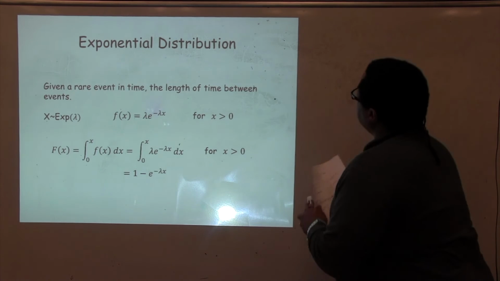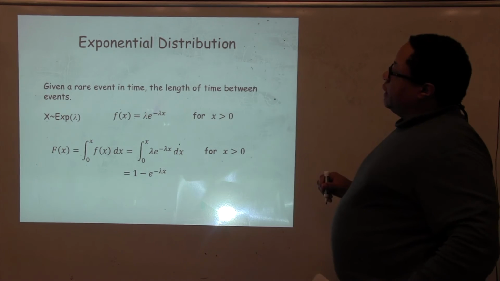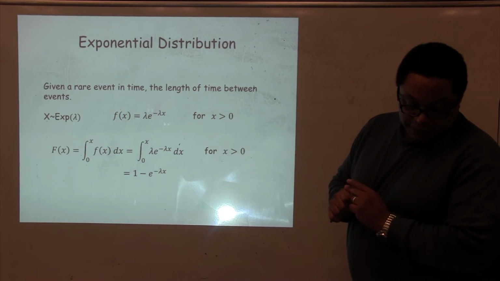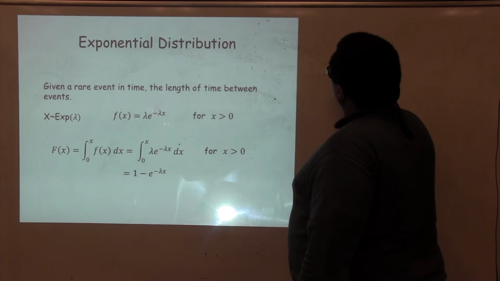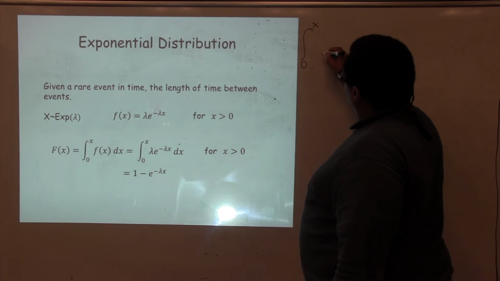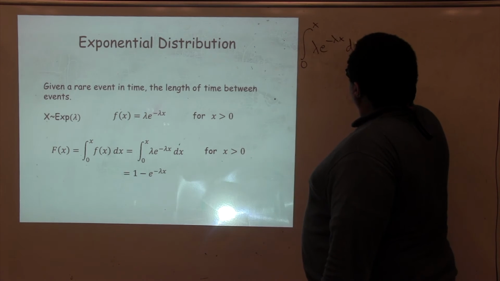Okay, so let's begin from there and actually apply that fundamental theorem of calculus in order to compute the definite integral. We start out with the integral from 0 to x of lambda e to the minus lambda x dx.